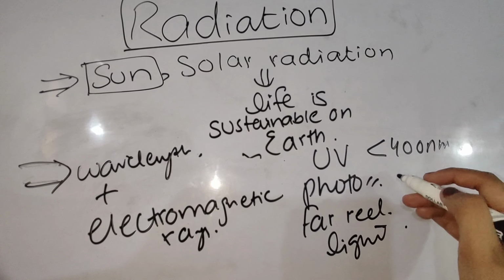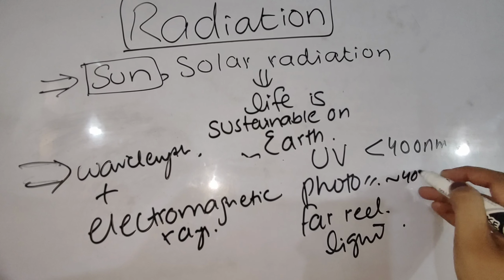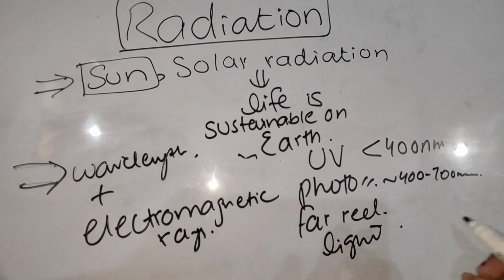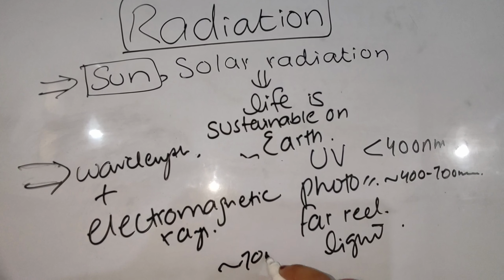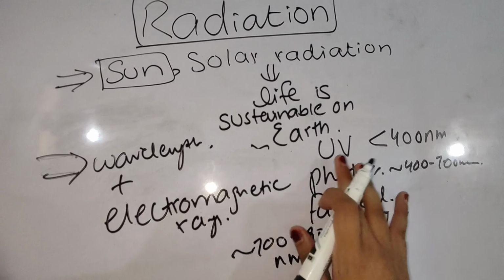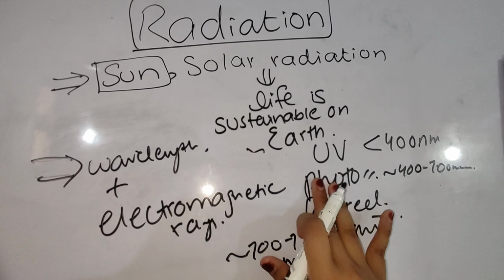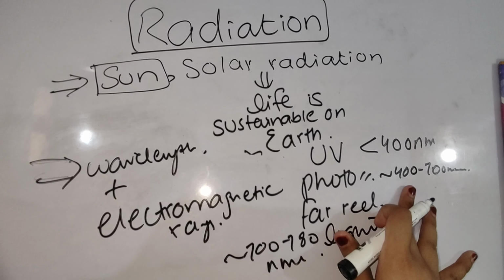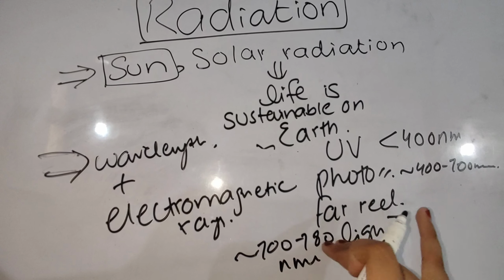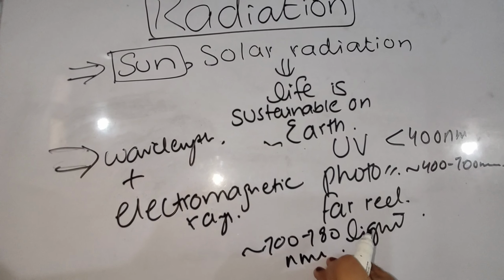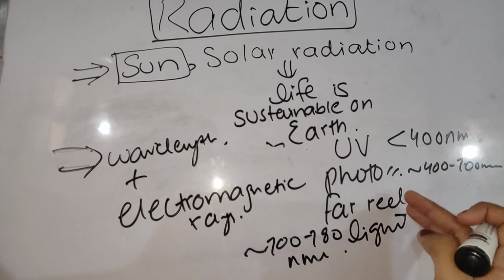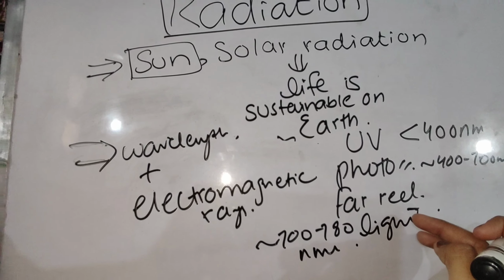Photosynthetically active rays are approximately 400 to 700 nanometers, and far-red light is approximately 700 to 780 nanometers. So these are the normal variations in which we can categorize these radiations.